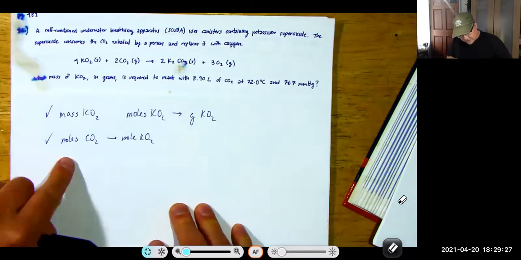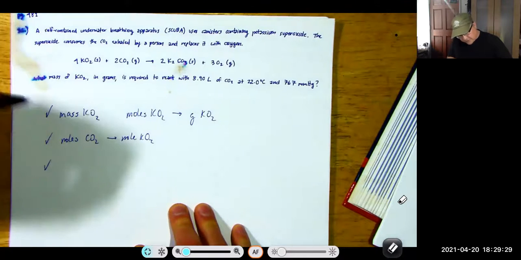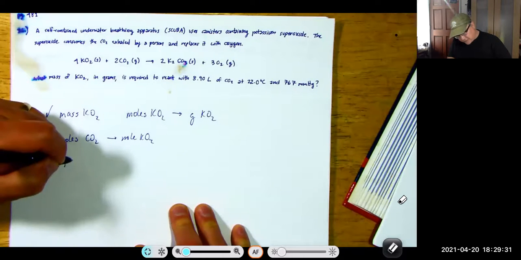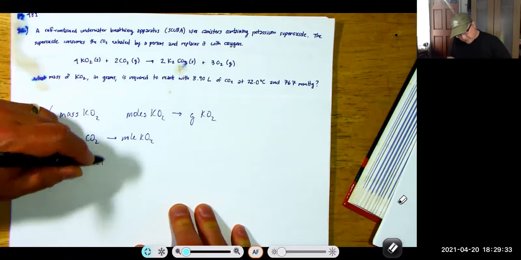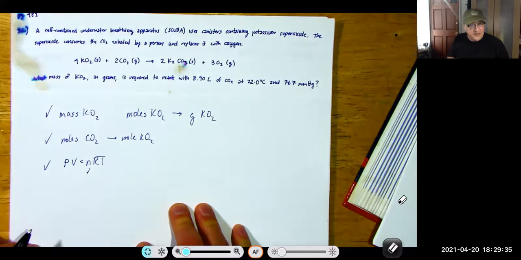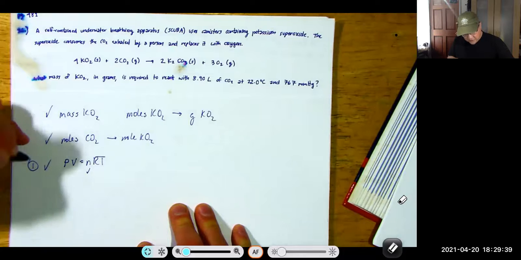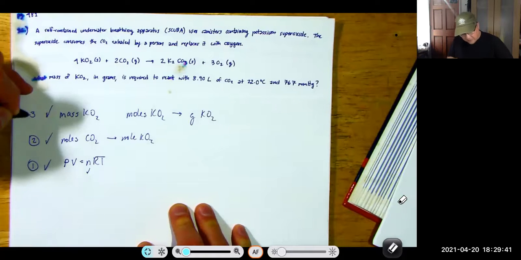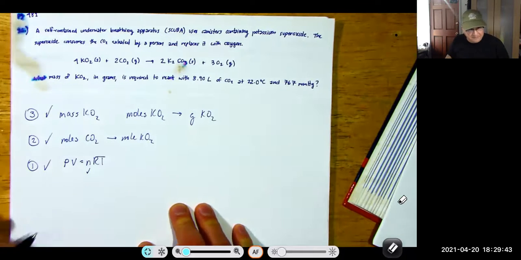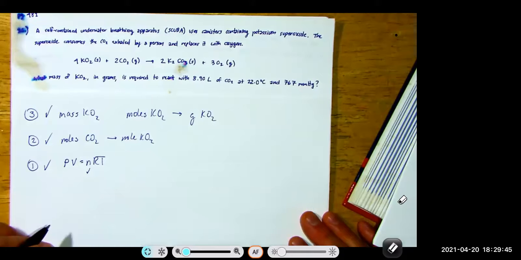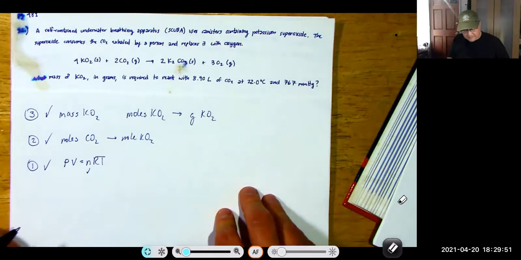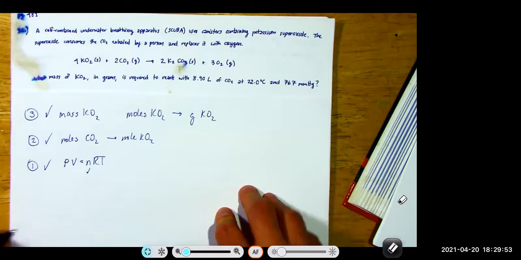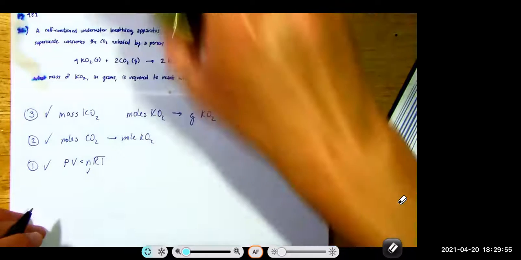And to get the moles of CO2, we're going to have to use PV equals nRT to get the moles of carbon dioxide. So it's kind of like 1, 2, 3, and we'll probably combine 2 and 3 together. And that's again because the potassium superoxide's the solid? That's right. It's because the gas is the only thing we're worried about taking up volume right now.